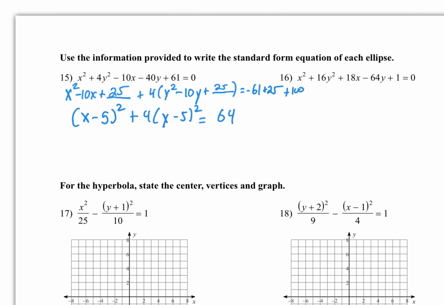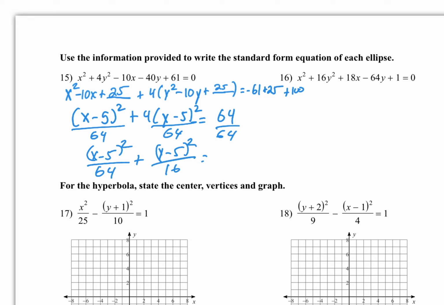But it has to equal 1. So we divide everything by 64. So that's y minus 5 squared over 64 plus 4 goes into 64 16 times. So y minus 5 squared over 16 equals 1. And they're done.